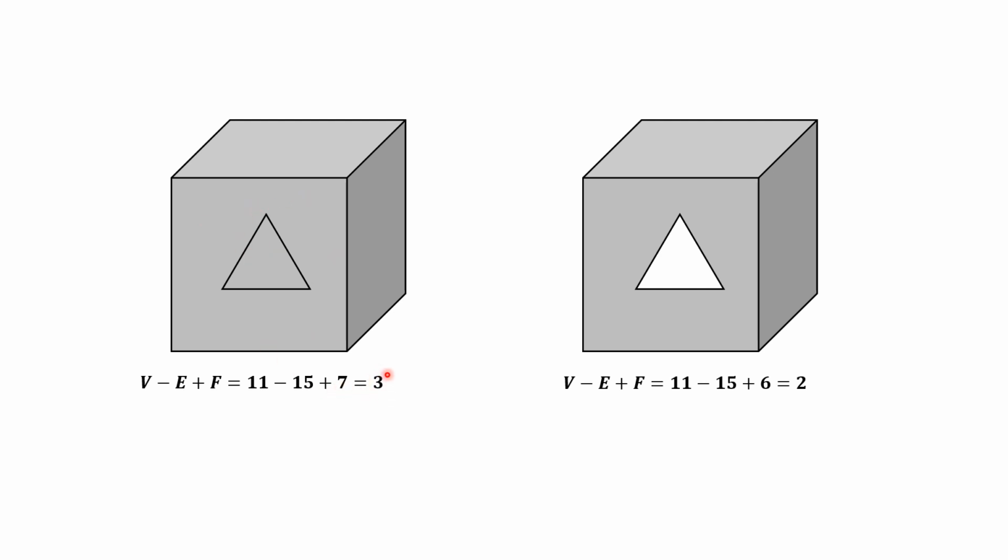So this has an Euler characteristic of 3, but it's still a valid surface. It's just not equivalent to a cube because of the way we subdivided it here. That's not the point I wanted to make here. The point is, if you remove this face, the triangle, then you still have the same vertices and edges from the triangle, but you've subtracted one face, and so the Euler characteristic goes down by 1, which is what we stated in the previous theorem.